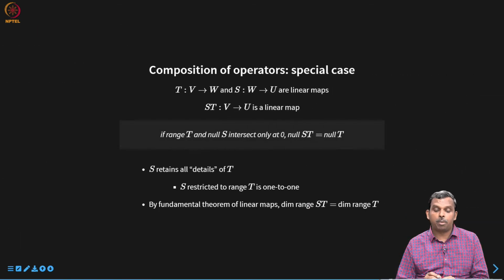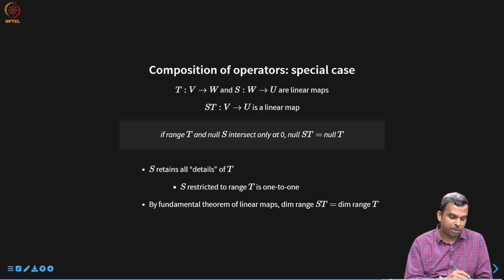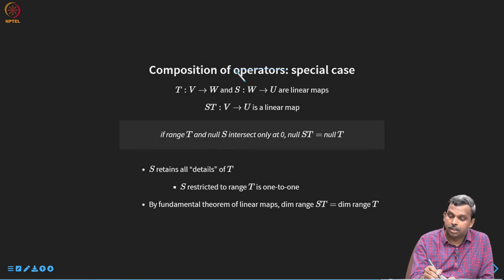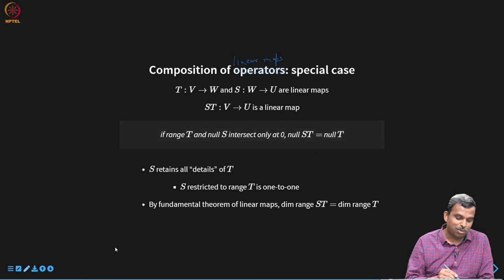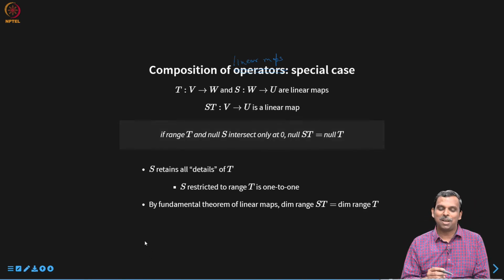When you compose two operators, as before, there is an operator from V to W and an operator from W to U; you compose it ST, and you get a linear map from V to U. I keep saying operator, operator, operator, but it is compositions of linear maps, not really operators. So you may want to replace this with linear maps, but keep a flexible definition in your mind. When I say operator, it could be a linear map also.